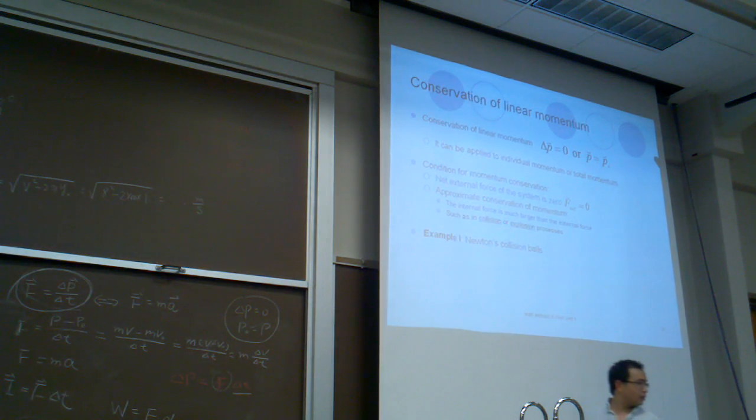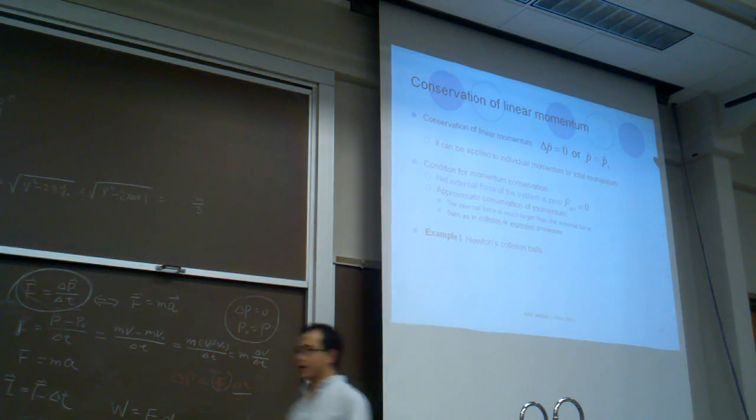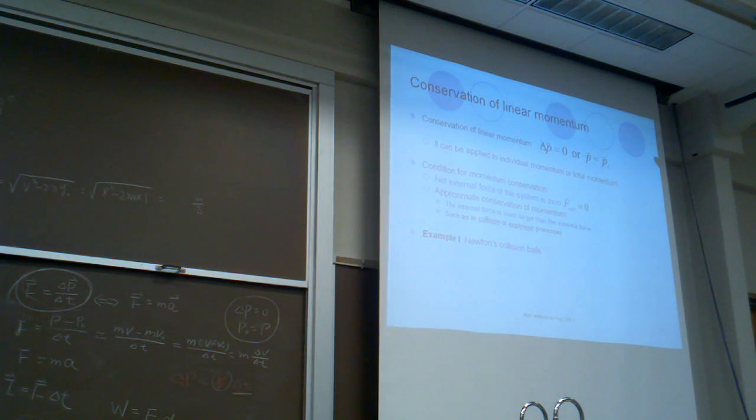One example is Newton's cradle, Newton's collision balls. If I release this ball from here, you can see at the other side it knocks out just one ball, because the momentum has been conserved.